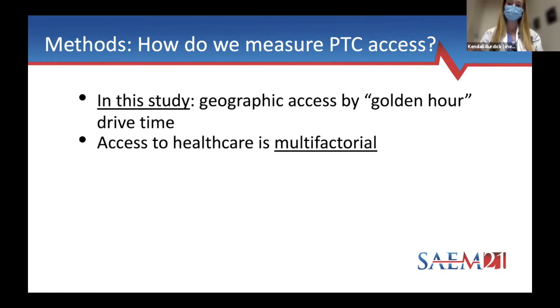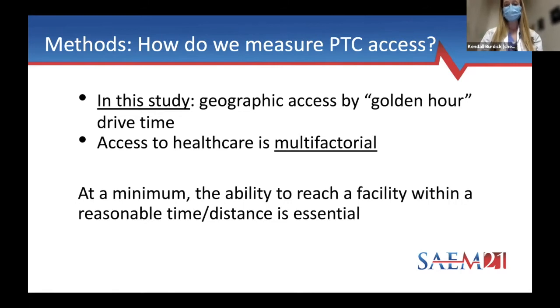So socioeconomic status and insurance status are all very important factors that go into whether or not healthcare is received. However, at the minimum, the ability to reach a facility within reasonable time and distance is essential for pediatric trauma victims to receive the appropriate care for themselves.